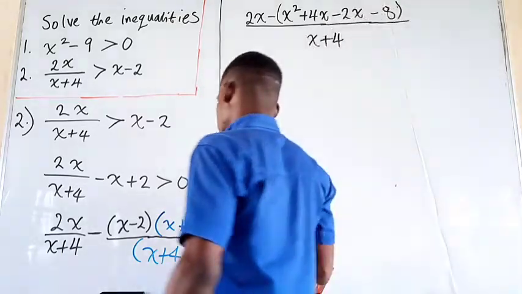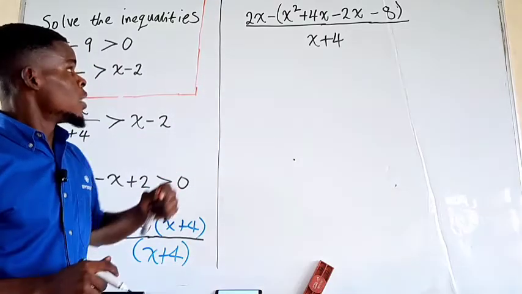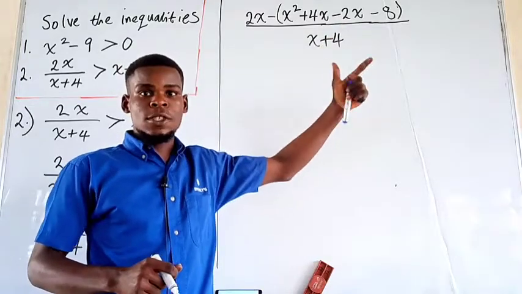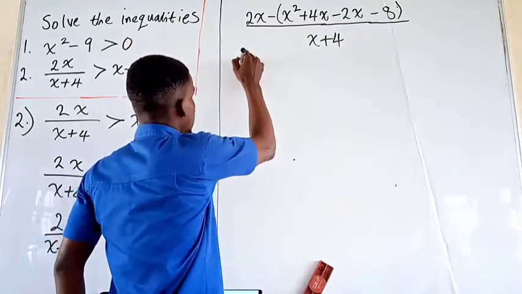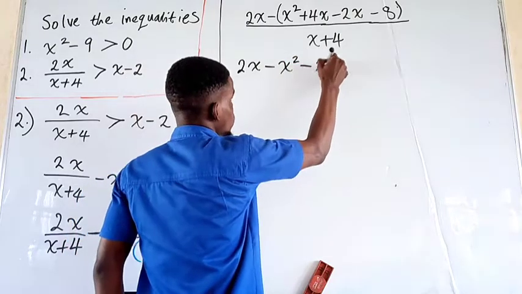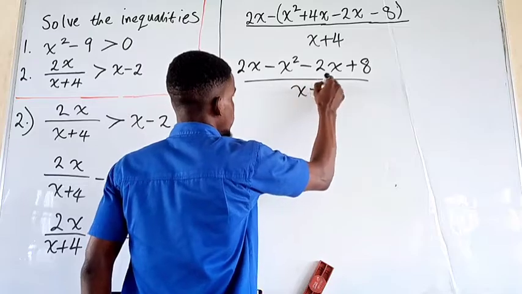Let's go ahead and simplify some things. We see 4x minus 2x is just positive 2x. So we're going to have 2x minus x squared minus 2x plus 8, divided by x plus 4.